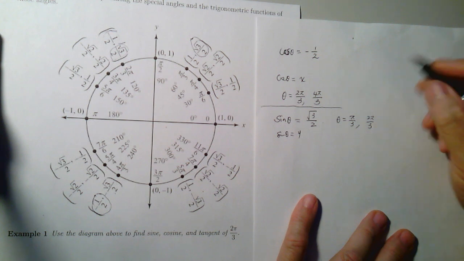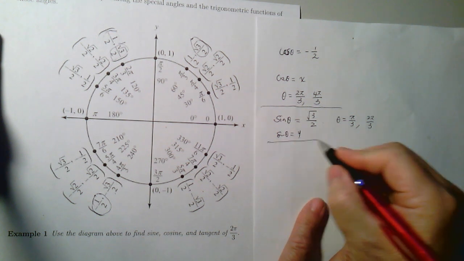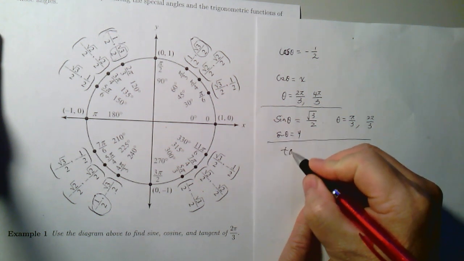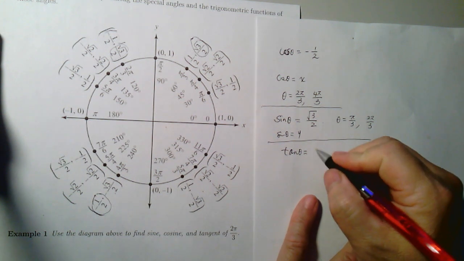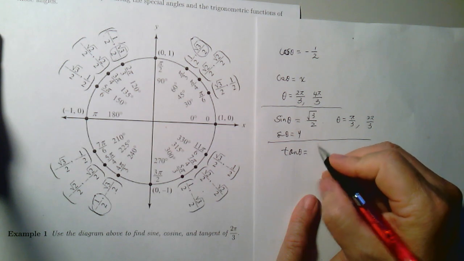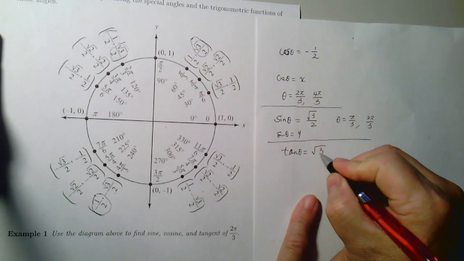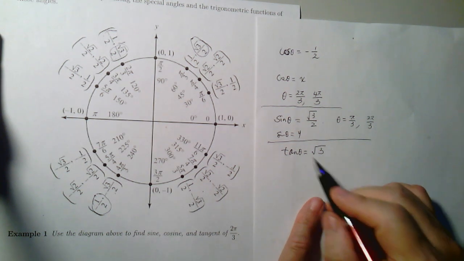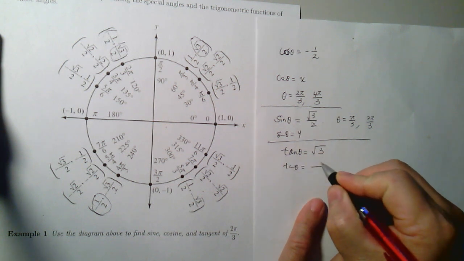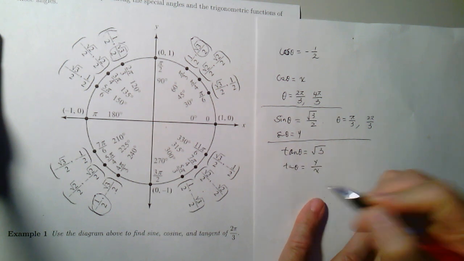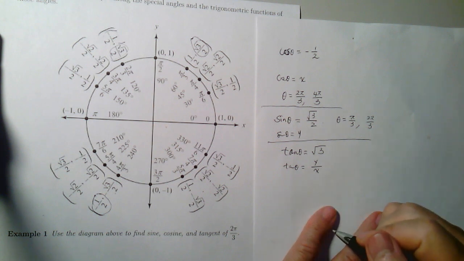So for example, if you try to figure out tangent theta equal to, say, square root 3 there. But we know tangent actually equals y divided by x.